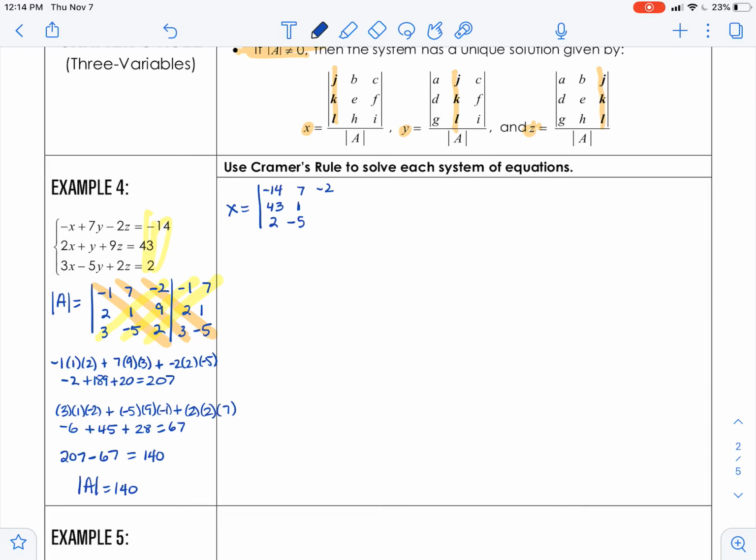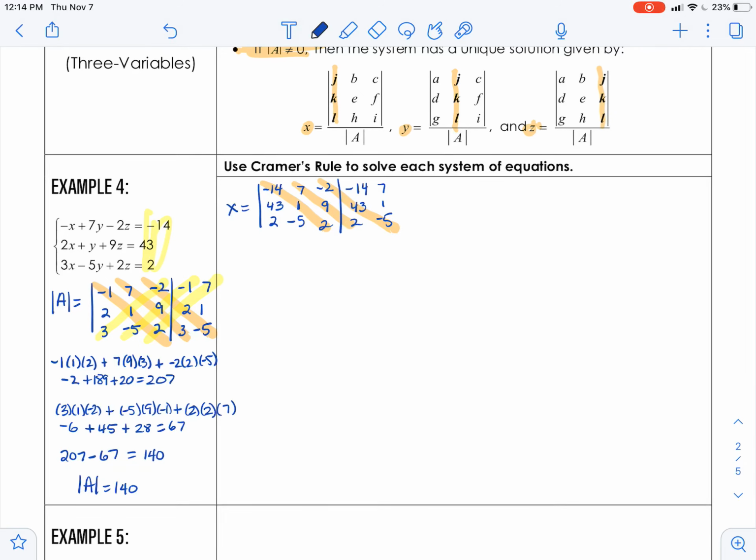My z's will stay the same. Okay, and then remember, I rewrite my first two columns. Now I'm going to go in and do the down. Okay, and I definitely think highlighters work great here on these.